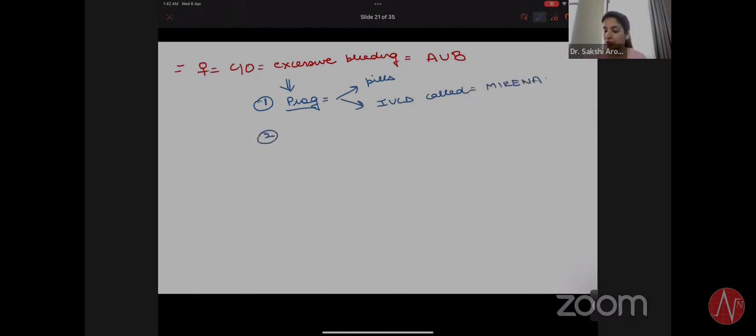Number 2, you can give estrogen plus progesterone, that is oral combined pill. And number 3, you can give a drug which is non-hormonal, which is used in any type of bleeding. If a male comes to you with excessive bleeding, or someone has bleeding from the nose, for any type of bleeding this is used, and that is tranexamic acid.